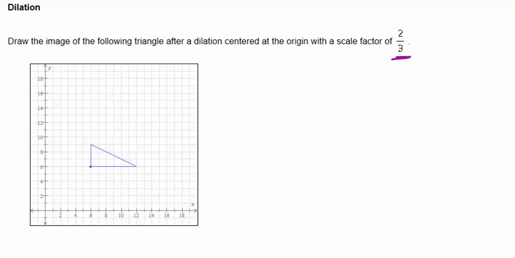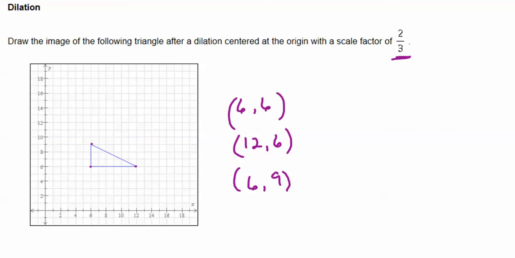Our first step is again to identify the ordered pairs of each of the points of the image. So we have 6, 6, 12, 6, and 6, 9. And those are going to undergo a dilation of a scale factor of 2/3.